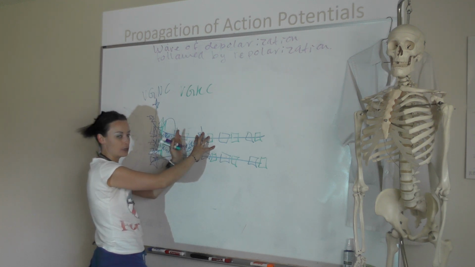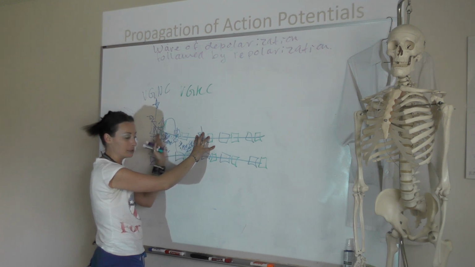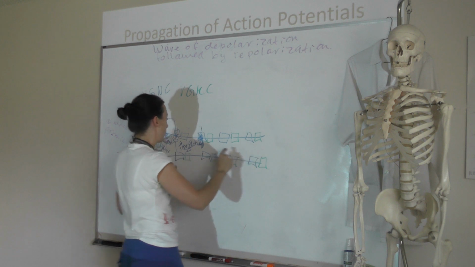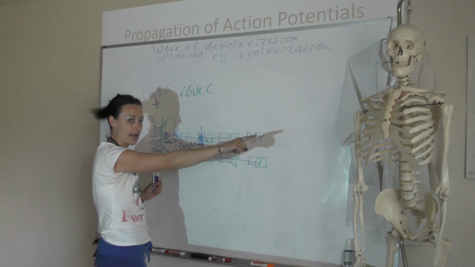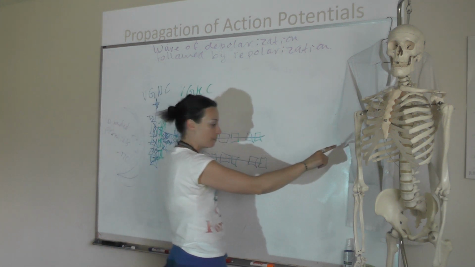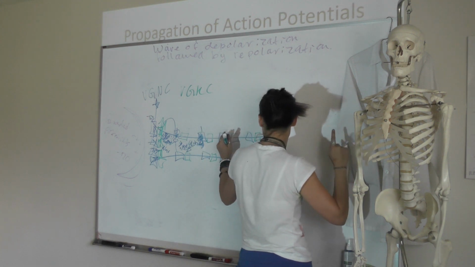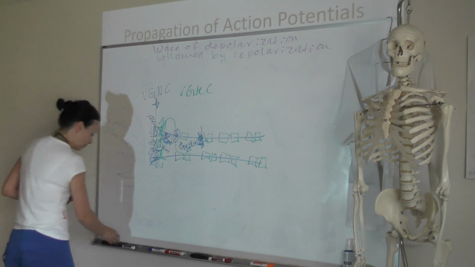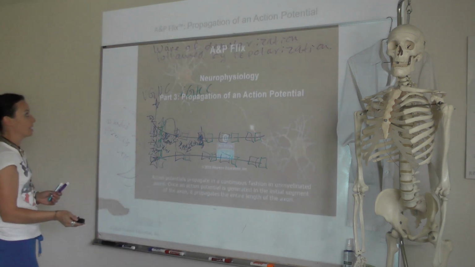So this part of the neuron is refractory to a new stimulus. This part is not, it's receptive. So we're going to propagate the entire length of the axon in one direction because we're refractory behind it as we're moving forward.